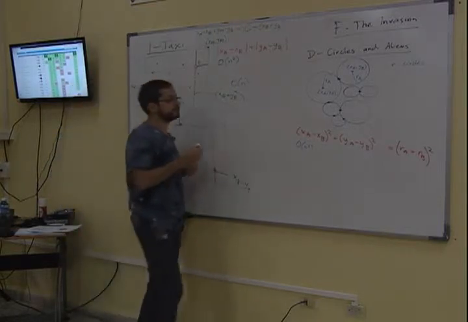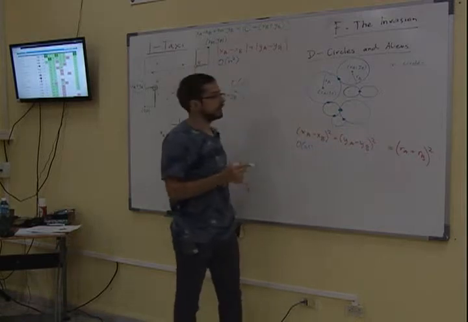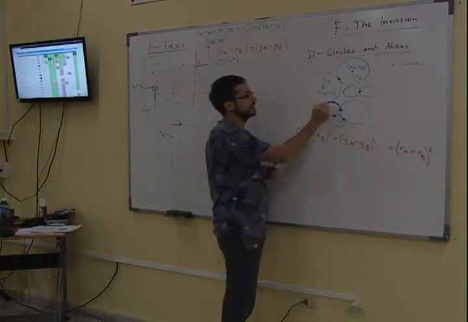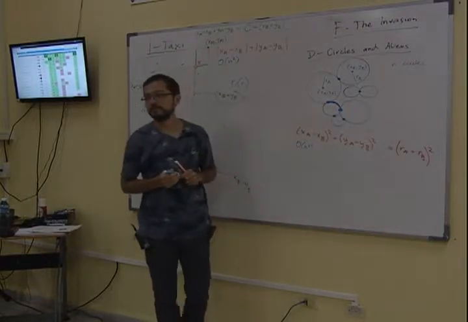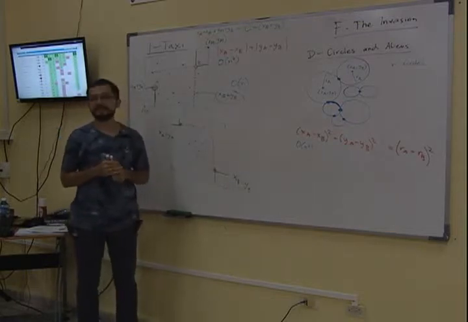We can treat each common point as a vertex, and each arc of a circle which connects 2 points as an edge in the graph.